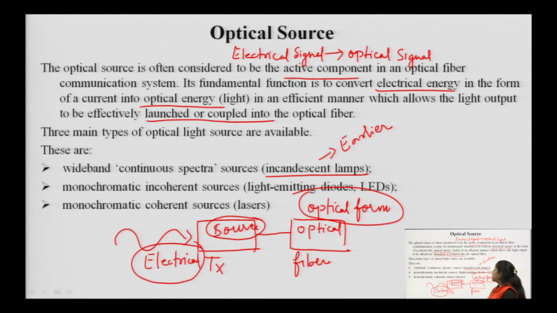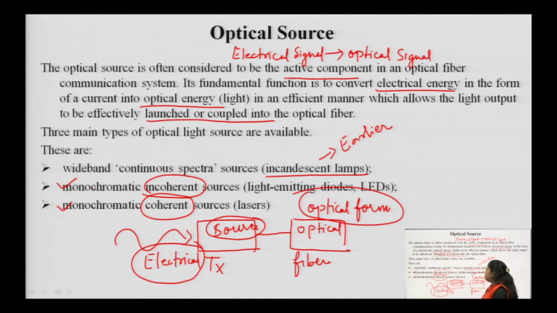The second is the monochromatic incoherent light source, which includes the light emitting diode, LED, the topic of discussion in today's class, and the third is the monochromatic coherent source, the laser. So, the prime optical sources used nowadays are the laser and the LED, and today's topic is the LED.